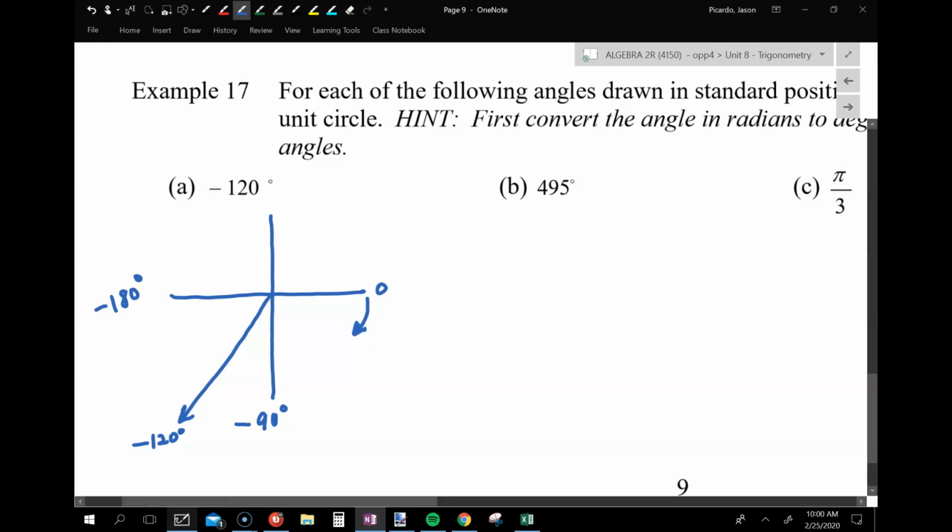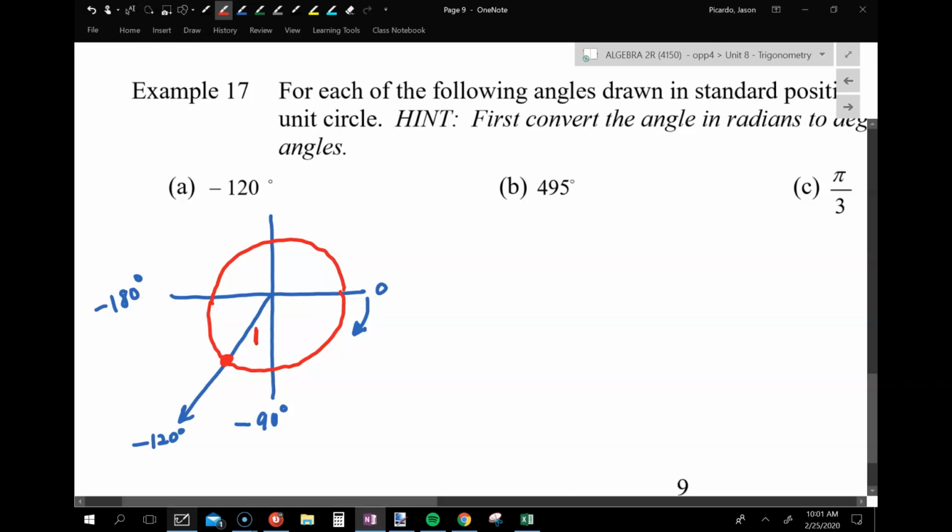Is that cool? Now, if I asked you guys to draw your unit circle in, what am I drawing? A circle with a radius of 1. Good. So right now, I know what my radius is, right? This is my radius right here, correct?